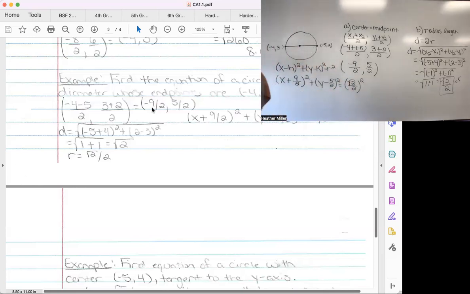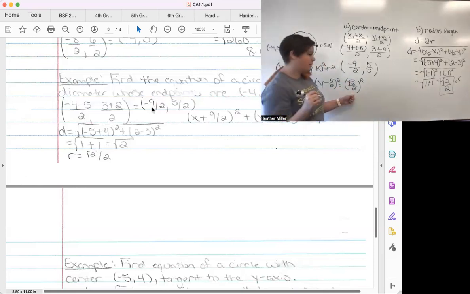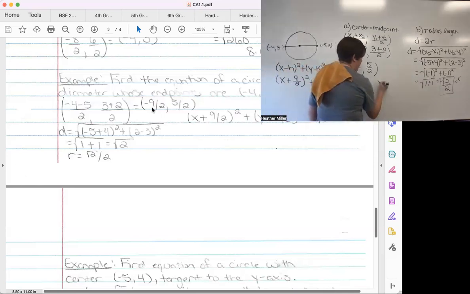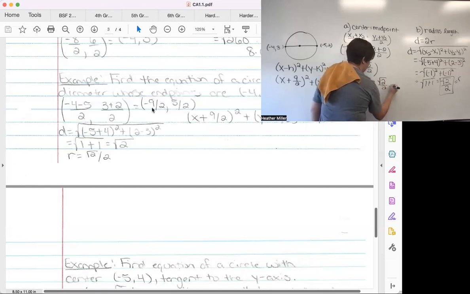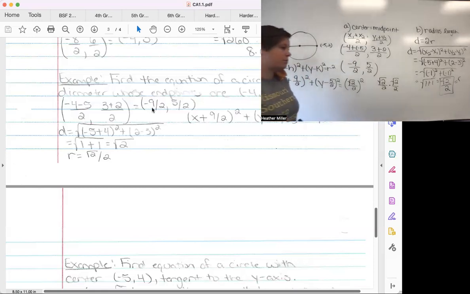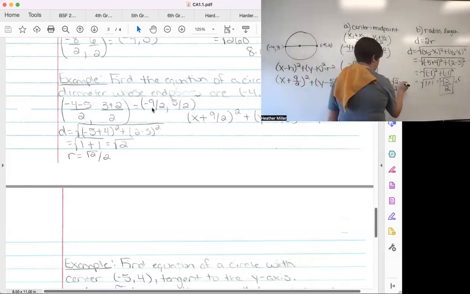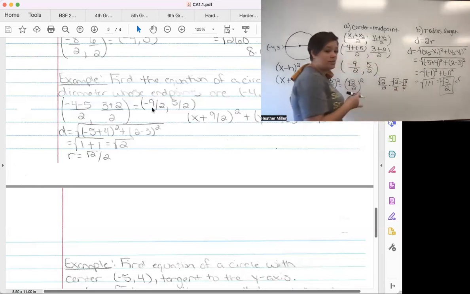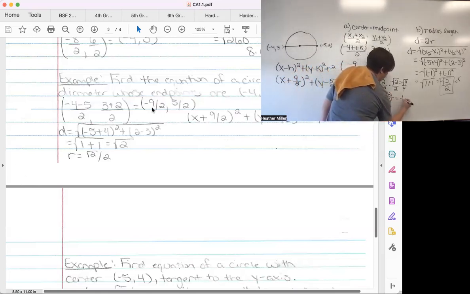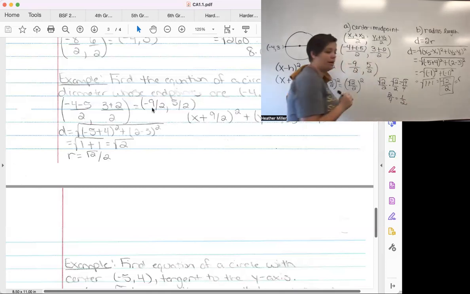Now, we don't want to leave our r squared like this. We want to actually compute that. So over here on the side, I'm going to put square root 2 over 2 times square root 2 over 2. So square root 2 times square root 2 gives me square root 4 over 4. Now, what is the square root of 4? Well, the square root of 4 is 2. So it gives me 2 over 4, which simplifies down into 1/2.